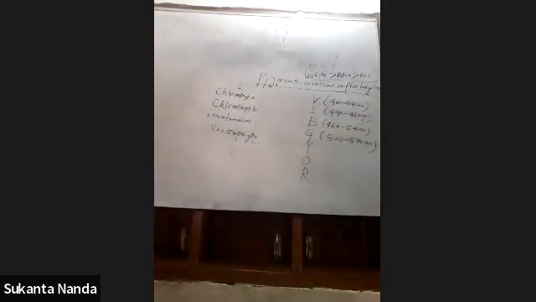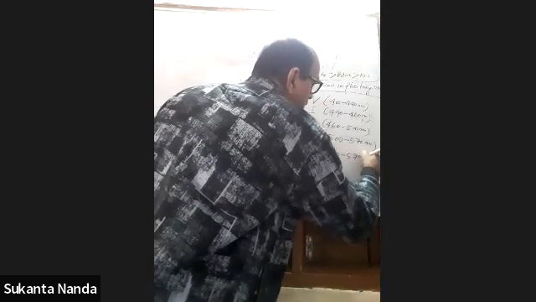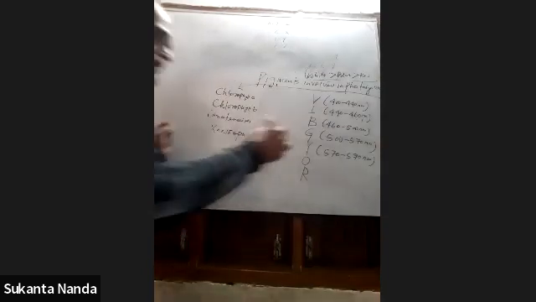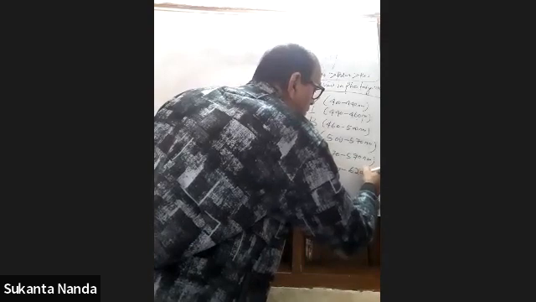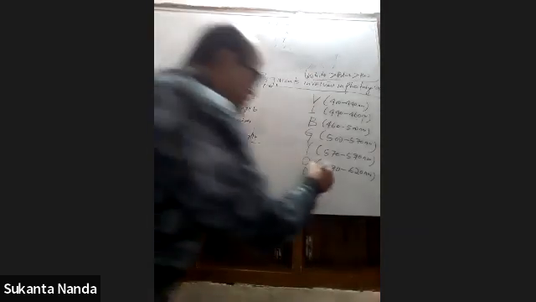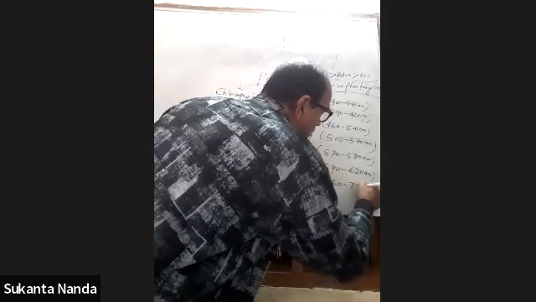Yellow light is 570 to 590 nanometer, whereas orange is 592 to 620 nanometer, and red is 620 to 720 nanometer.